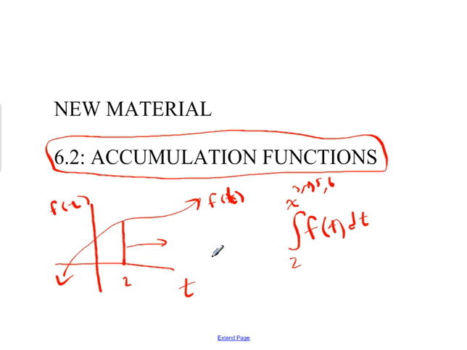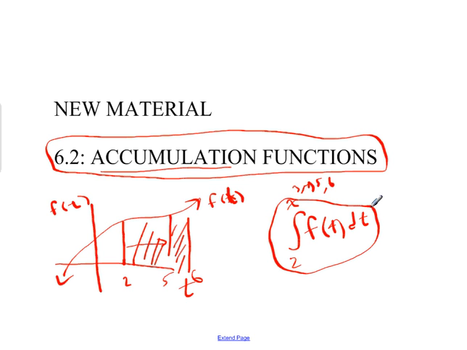The bigger we let x get, the more area there is. So if we were evaluating it at 5 versus 6, from 5 to 6, we're adding more area. We're accumulating. So this is called an accumulation function because as x grows, the area, the definite integral, will grow as well.